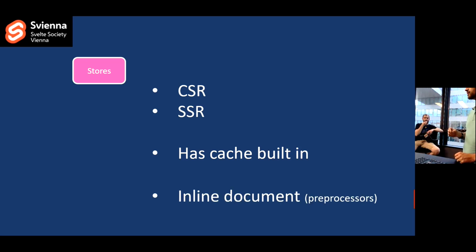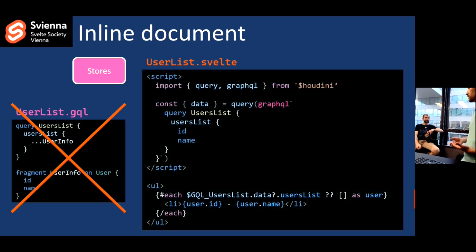And then what I showed you is that we did this in two separate files: one file for GraphQL and one file for the Svelte component. It's one way to develop, but another way is to remove this file and do what we call an inline document. Inside the Svelte file directly, you can see that we have this special GraphQL tag where we put our query inside.